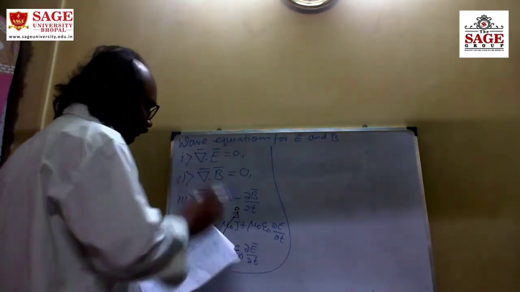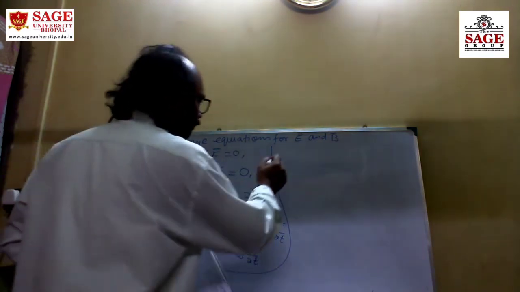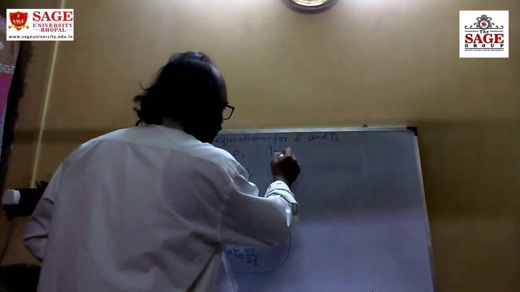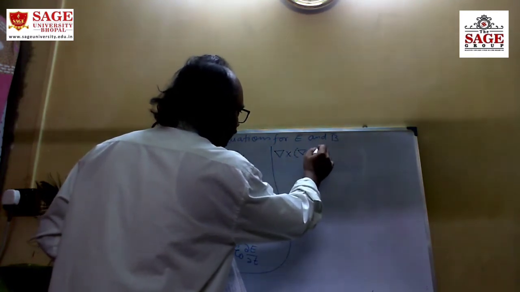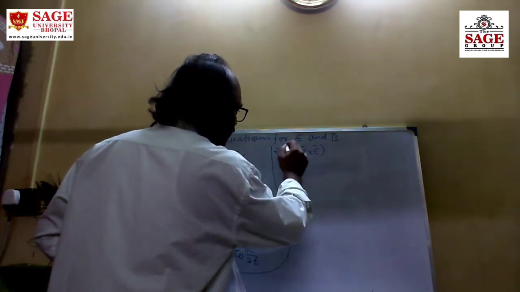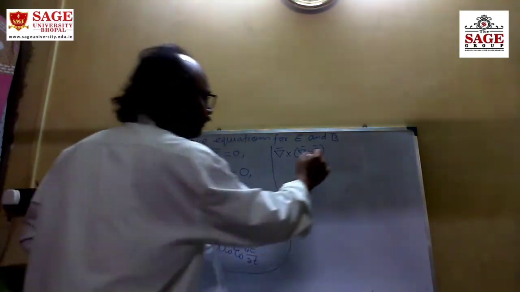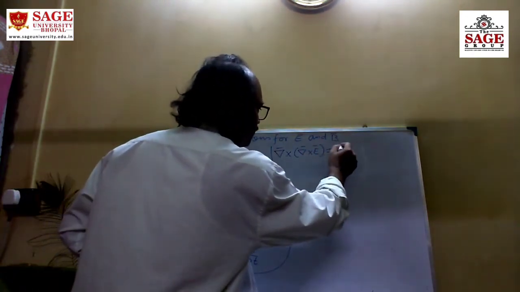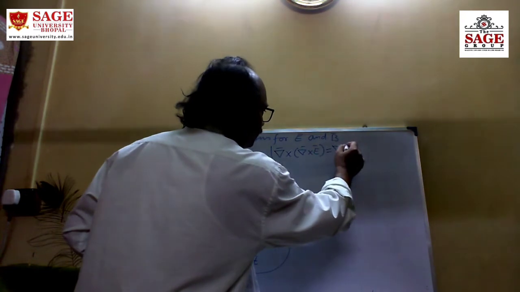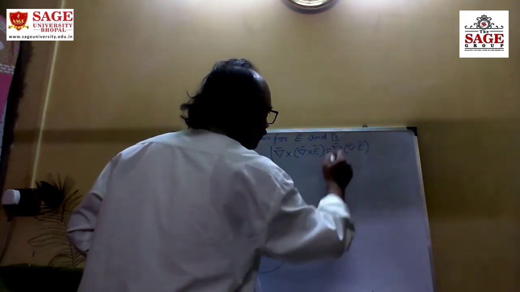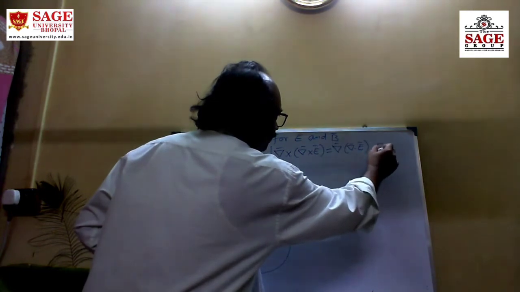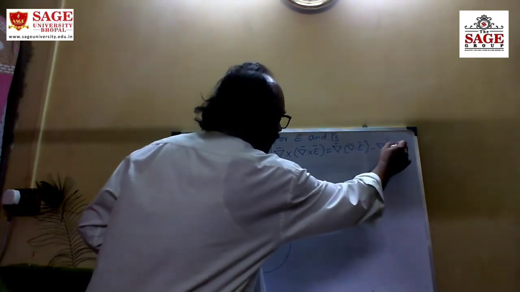Let's start with the electric one. The vector identity for electric field is curl of curl E, which is gradient of divergence E minus del square E.